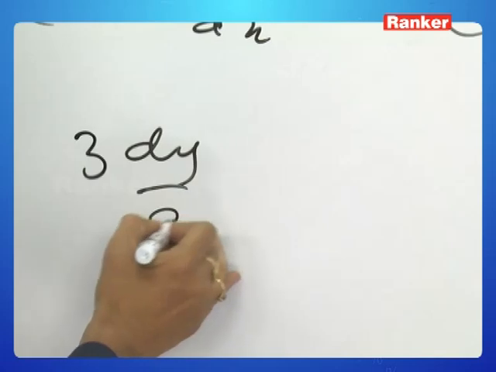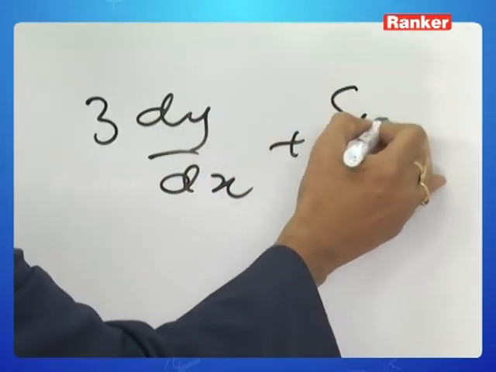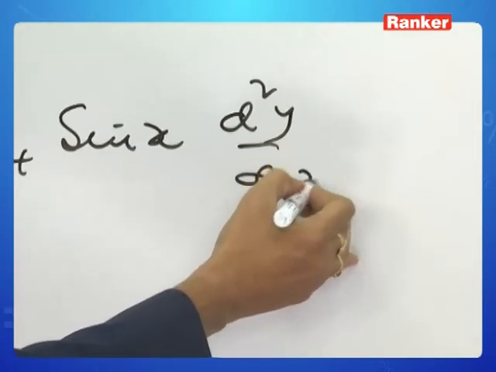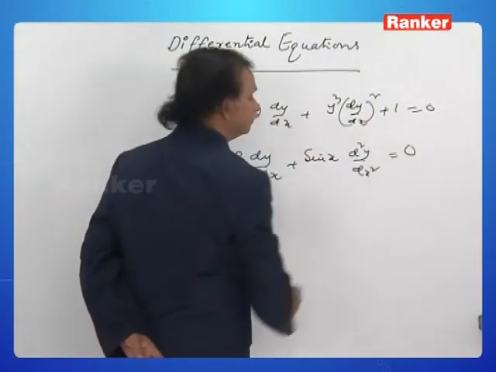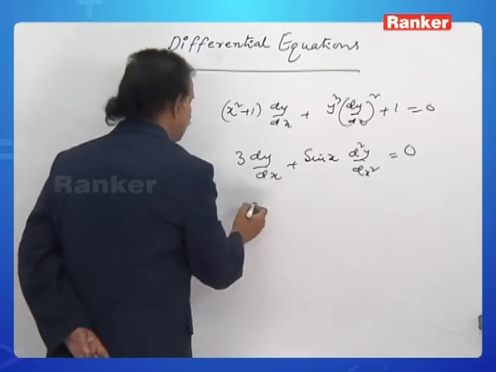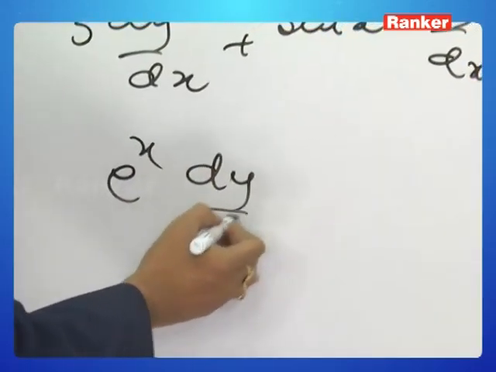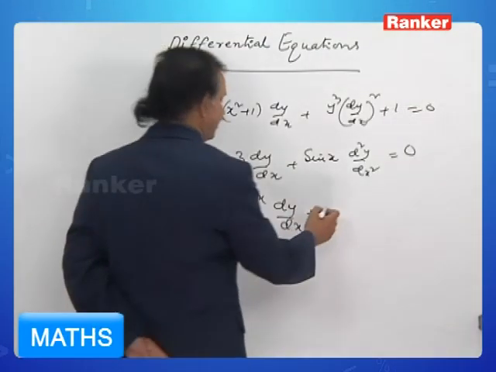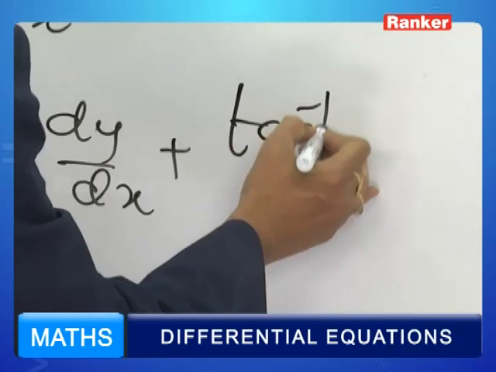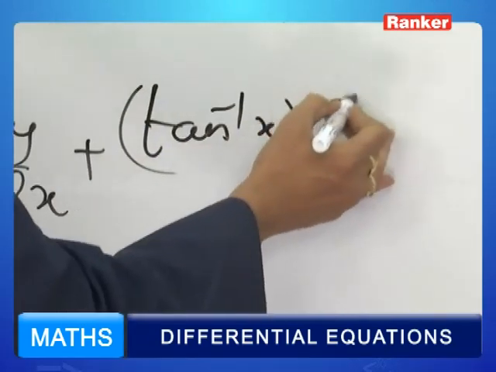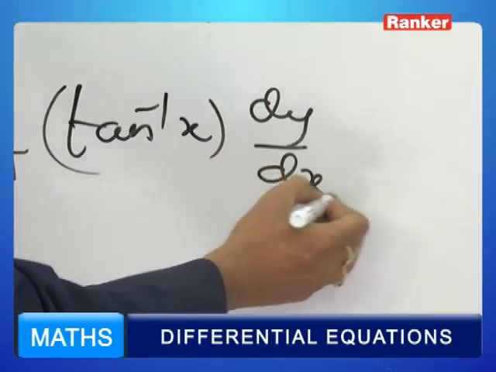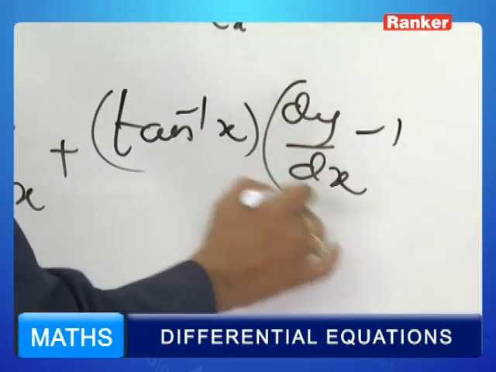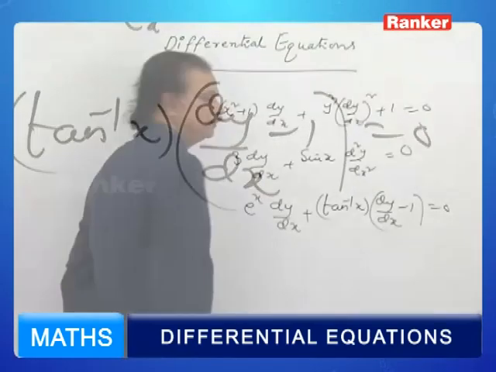3 dy by dx plus sin x into d square y by dx square is equal to 0. One more, e power x into dy by dx plus tan inverse x into dy by dx, 3 tan inverse x into dy by dx minus 1 is equal to 0.